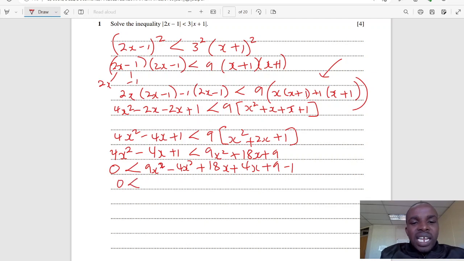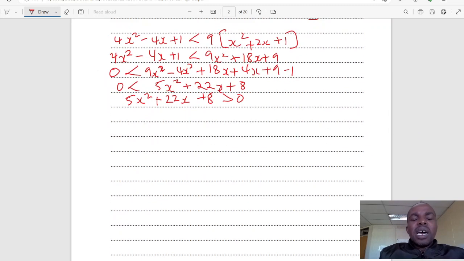You get 5x squared, then 22x, then plus 8. This is the same as 5x squared plus 22x plus 8 greater than 0.